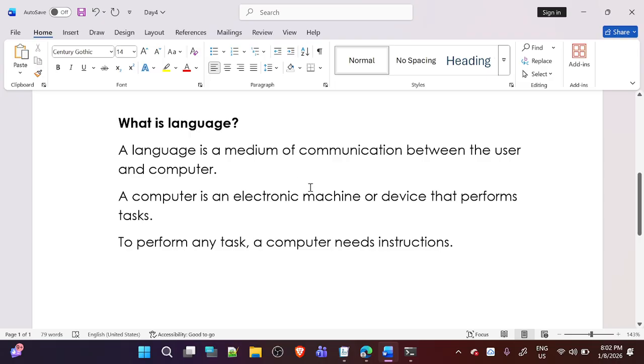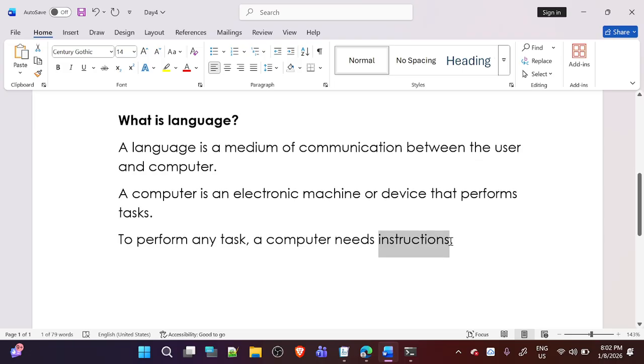So now the question is, in which language will you write the instructions? We will write the instructions in the language which is understandable by the computer. But if you try to write instructions in the language the computer understands, it will be hard for you.